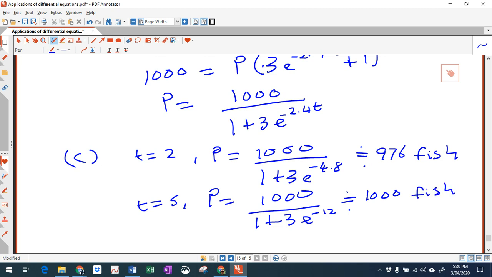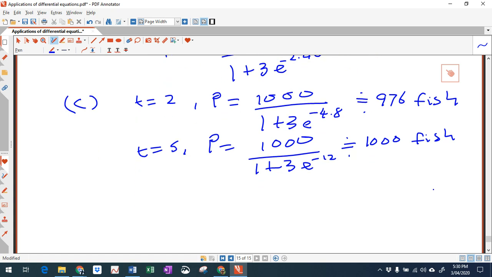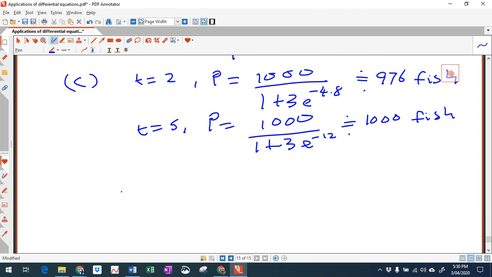Now the last part of the question says, what is the maximum possible population of fish? Okay, so we're looking at a limiting situation here. So if I look at D, now, what's my equation?